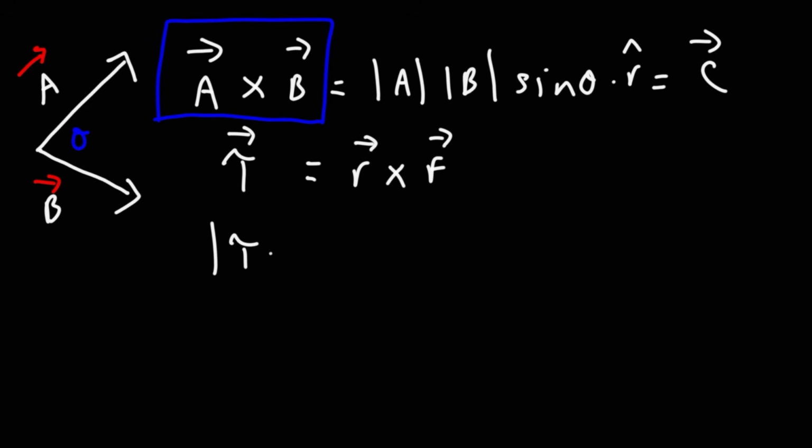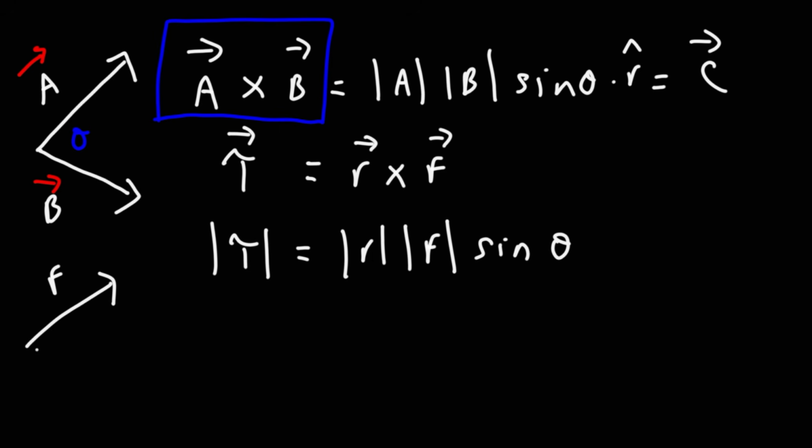The magnitude of that torque can be calculated by taking the magnitude of R, multiplying by the magnitude of F, times sine of the angle. So let's say this is the force vector, and this is the lever arm. These two are vectors, and theta is the angle between them. So that's an example of using the cross product formula in physics when you study torques.